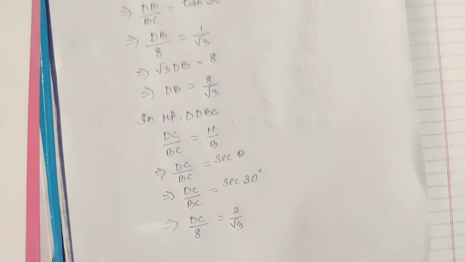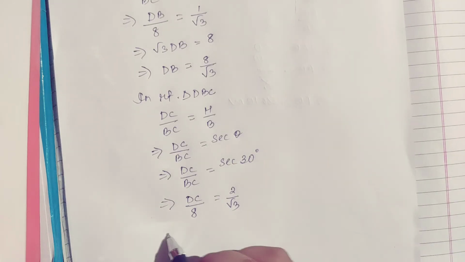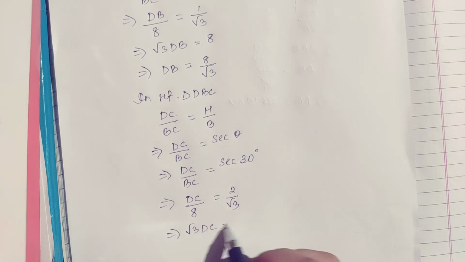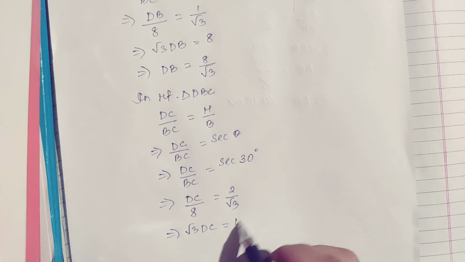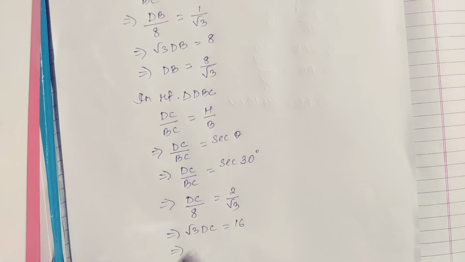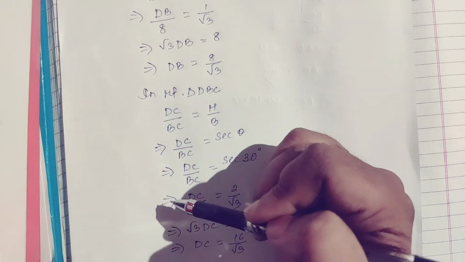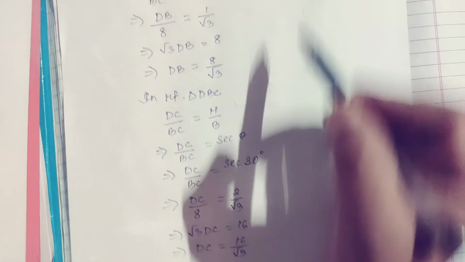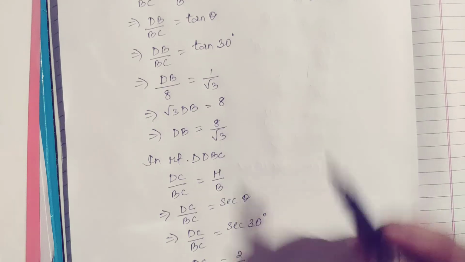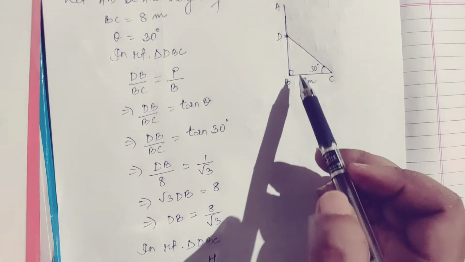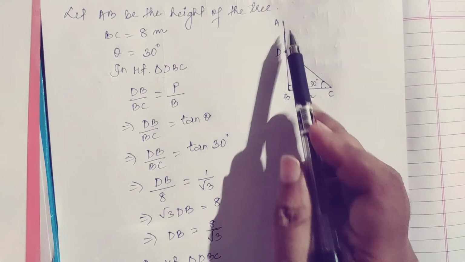Now we'll cross multiply. So DC into root 3 will be root 3 DC equal to 8 into 2 is 16, or DC equal to 16 by root 3. So we got DB and DC. Now we have to find AB. And I've already told you that this DC is equal to AD.